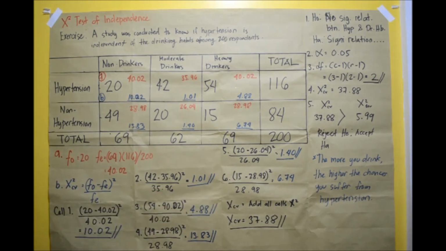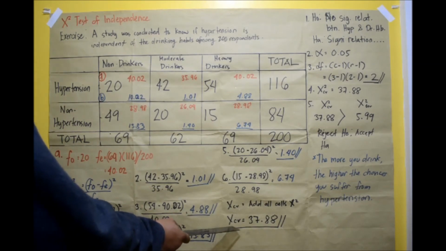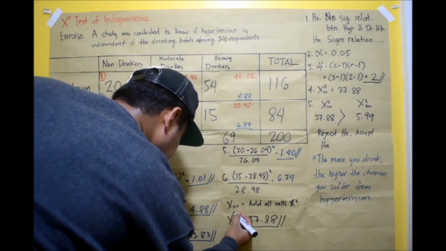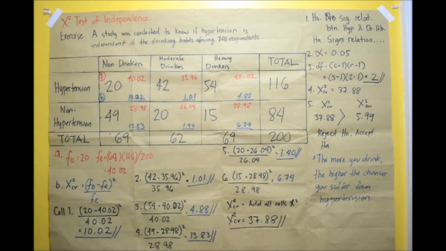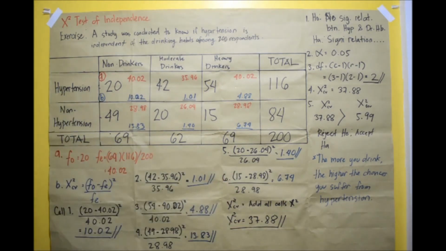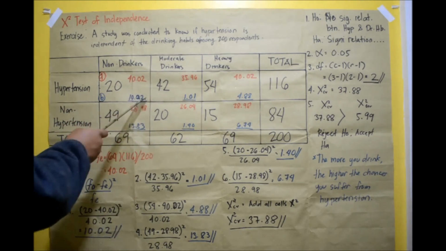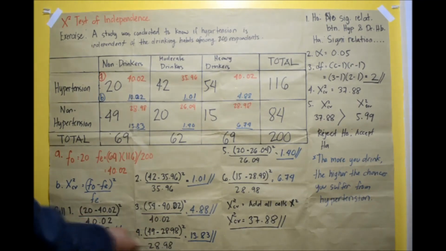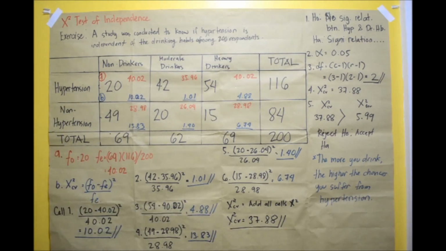We got all of them, so we can compute the computed value of the chi-square. We just add them all together. When we add all of these, the answer is 37.88.